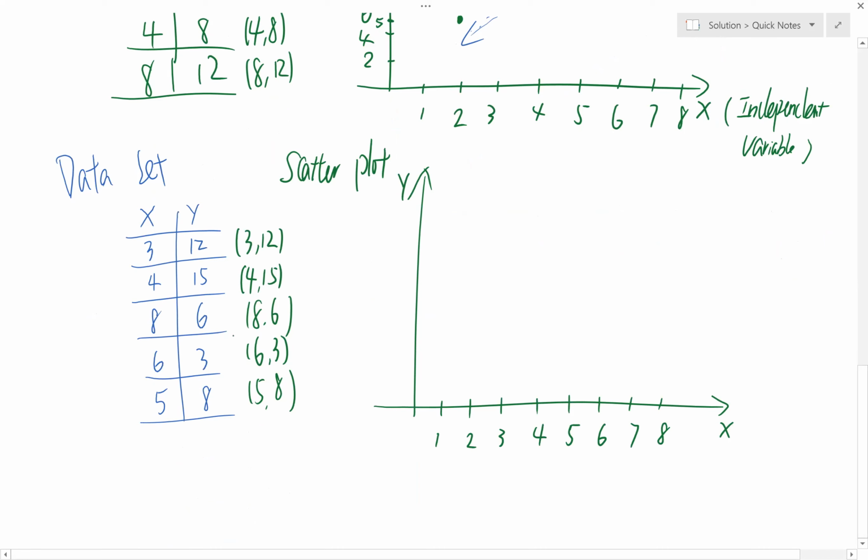So let's go up by 2 units: 2, 4, 6, 8, 10, 12, 14, and 16. The maximum is 16, that should be enough. Okay, then we start plotting this.